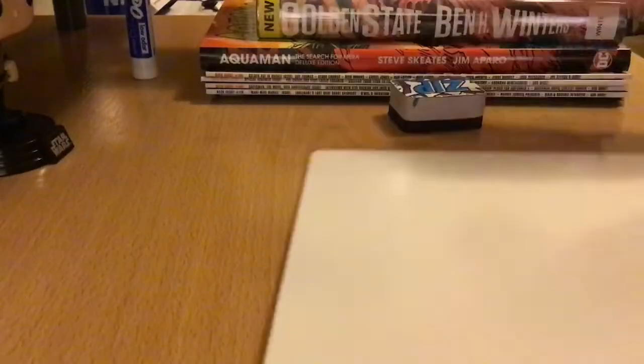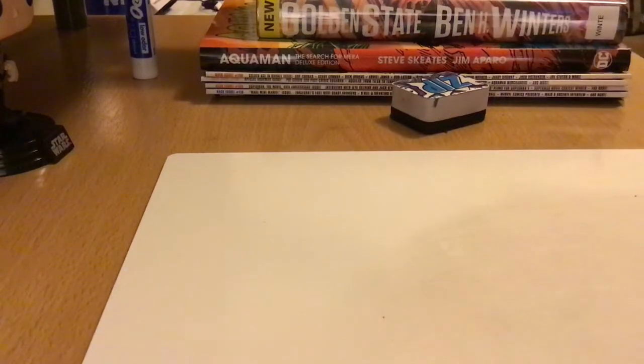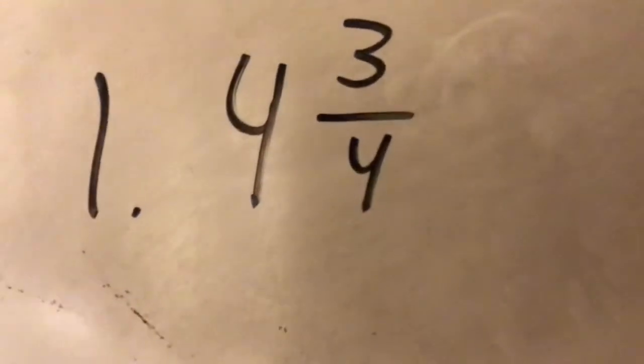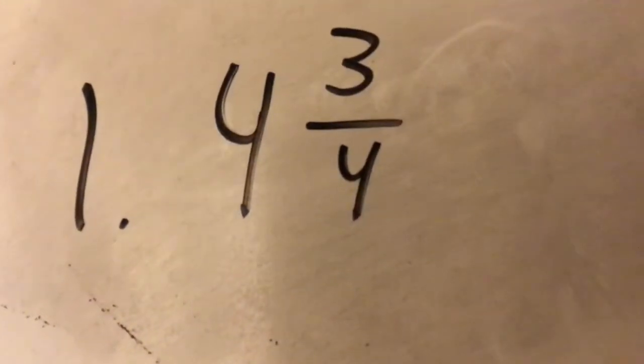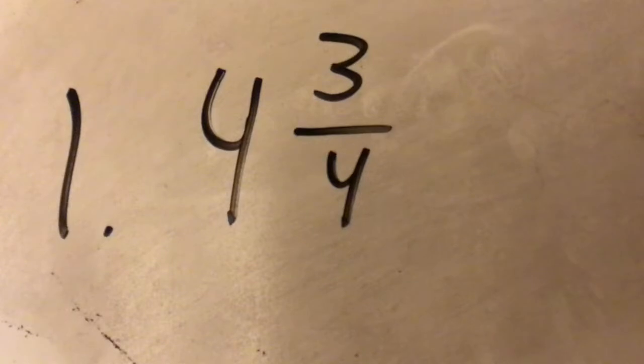So here's your first one, number 1. And if you need to pause this as I go to get these written down and converted, then you can. So on your piece of paper, make sure your name's on it. Write number 1, 4 and 3/4, and write down what that's equal to. Remember, if you need to pause this, go ahead and pause so you can get things written down.